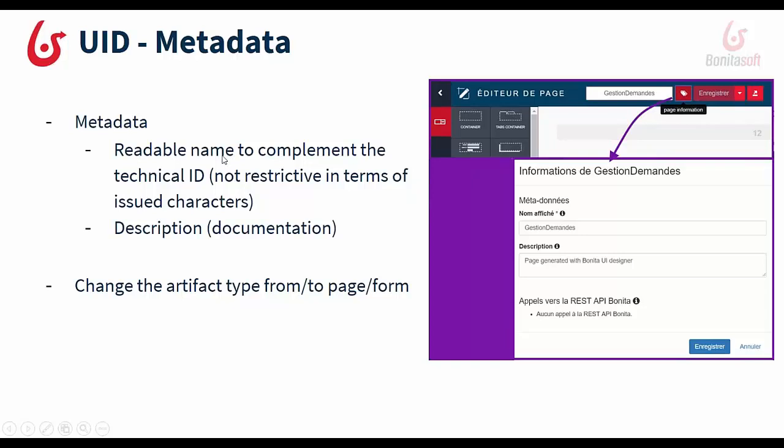For the metadata, we just make sure that we have extra information about the page. So the first one is what we call the display name, which is basically different than the technical ID. The technical ID is kind of restrictive in terms of characters. You cannot use special characters, for example, because it's used for technical purposes. But the display name will be unrestricted, so you can really have a nice name that makes sense to the business people or for yourself as a developer.